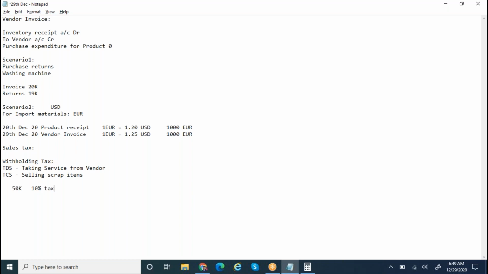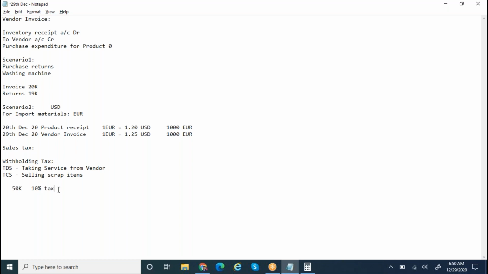That is TDS, tax deduction at source. Even for salaried employees, whenever we get salary, TDS will be deducted. That is income tax.